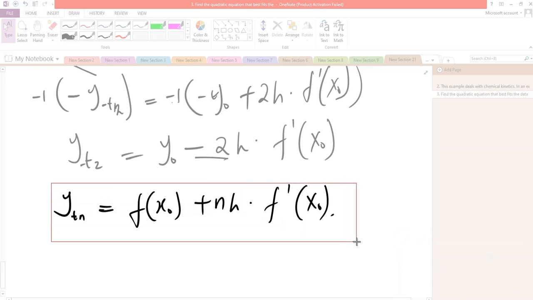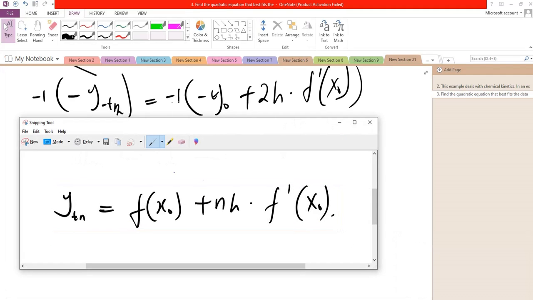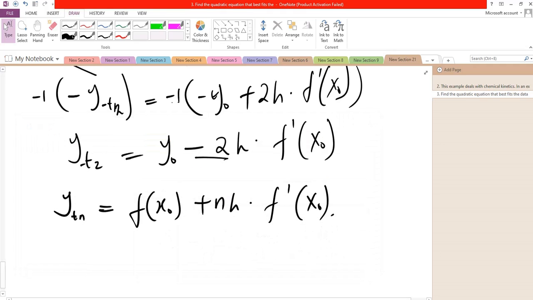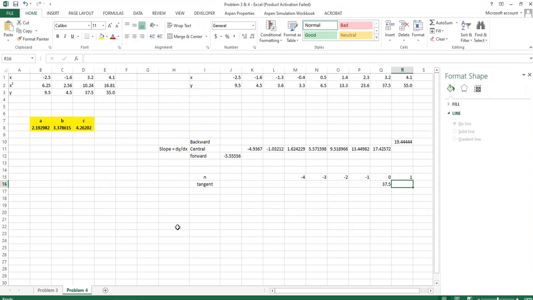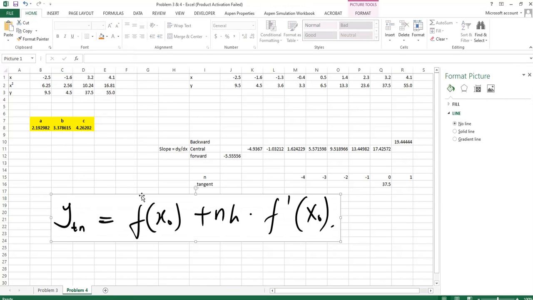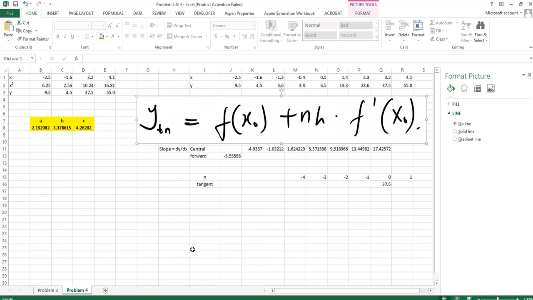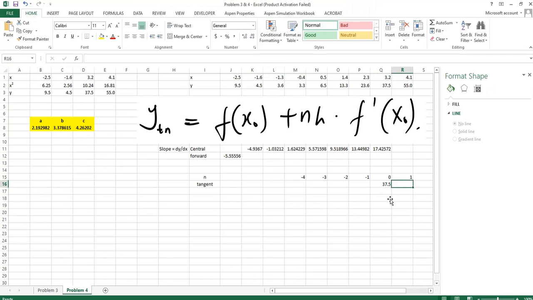Let me just select this, copy, let's go here, let me just paste it. So this is what we're going to use to solve for the values of y for various points.